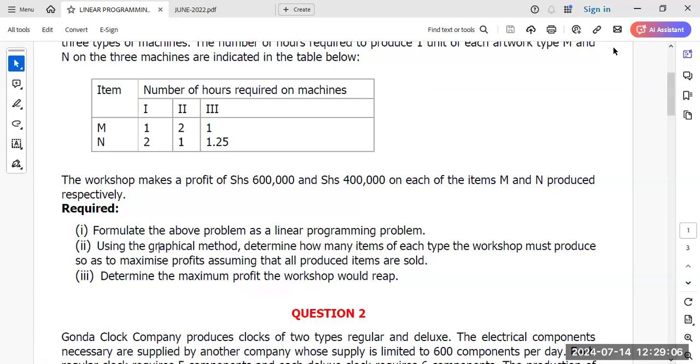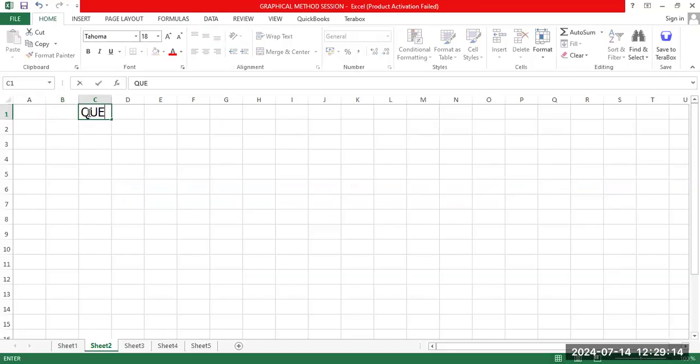So we can formulate very fast our linear programming model. Now get your book. Question 1, we are formulating the linear programming model.